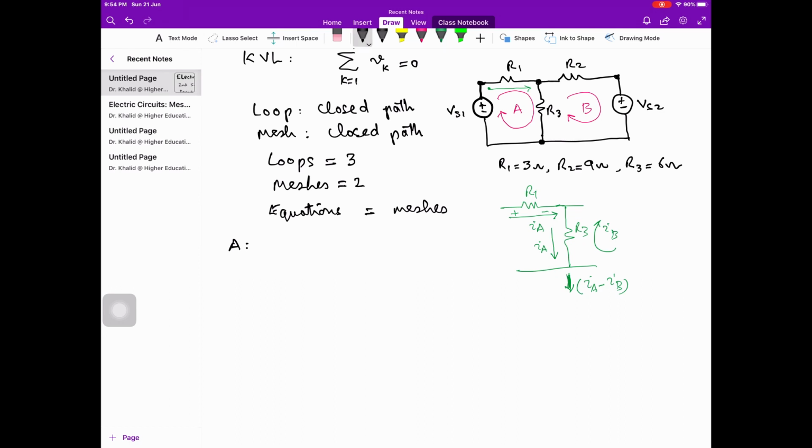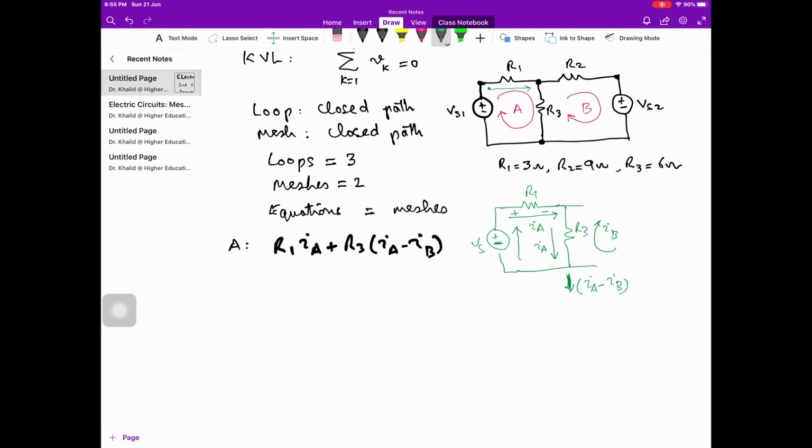Now if we write the equation, the voltage drop across R1 is due to current IA. The voltage drop across R3 is the net downward current here, which is IA minus IB. And if we see mesh A, look at the circuit in the green color over here.